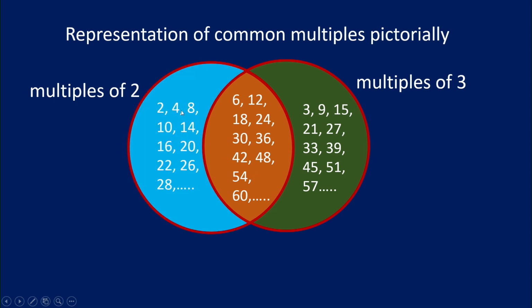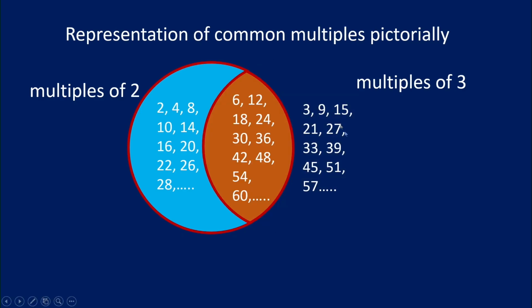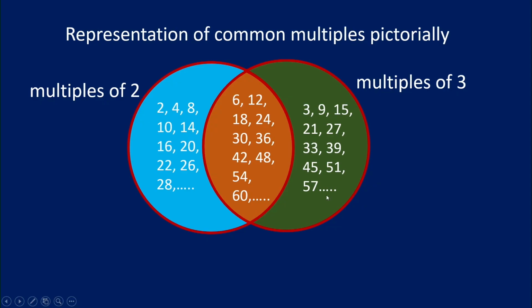Here the blue shaded part has only multiples of 2, and the middle part has common multiples of 2 and 3, and the green part represents only multiples of 3 other than multiples of 2. So among these 3, the middle part represents common multiples of 2 and 3.